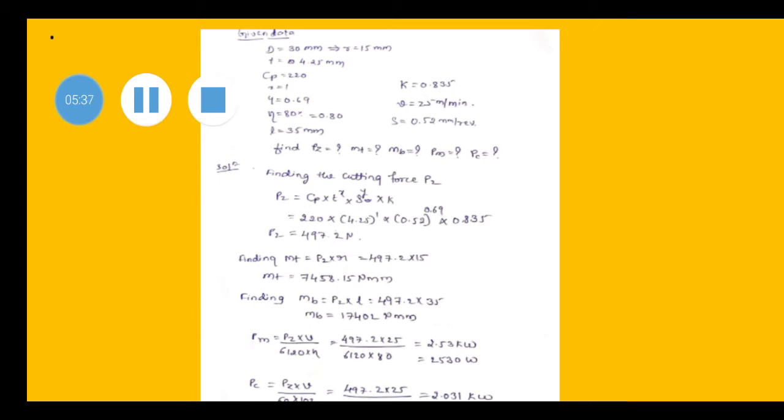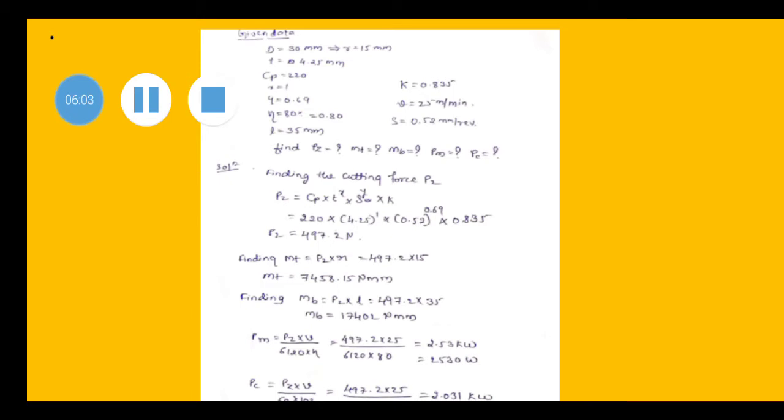Find Pz. The cutting force Pz formula is Cp into T raised to x into S raised to y into K. Cp is 220 into T is 4.25, x is 1, into feed 0.52 raised to y value 0.69, into K is 0.835. That is, Pz is equal to 497.2 Newton.